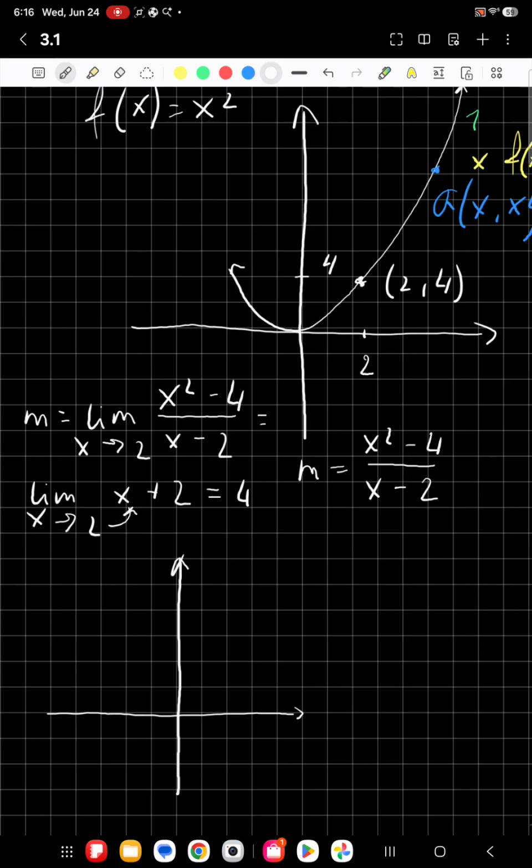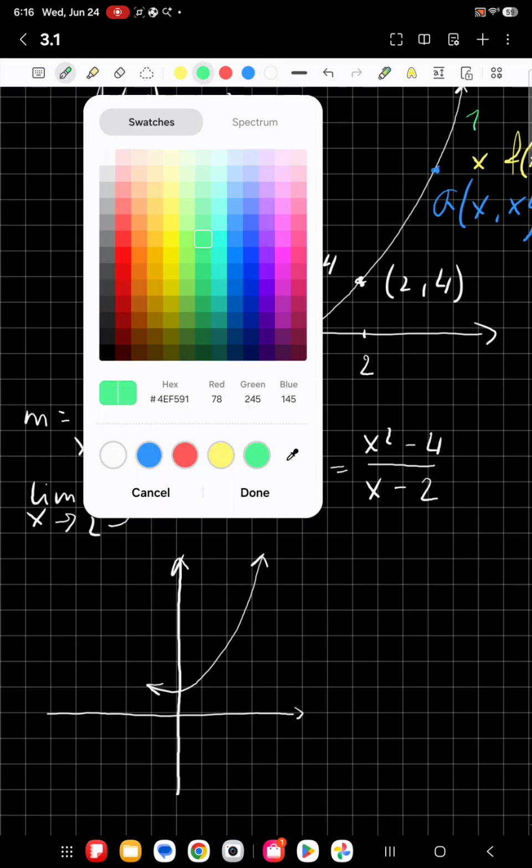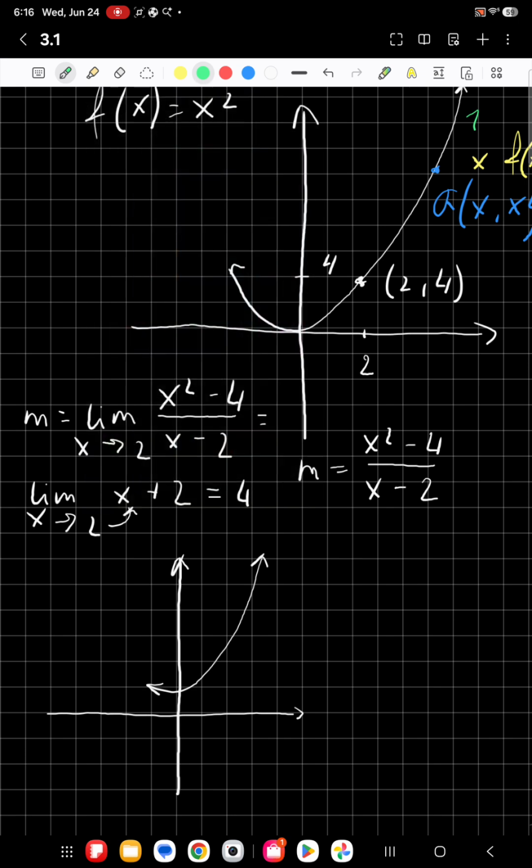Again, we have some abstract curve, it could also be a parabola. Let me take a different color. I'll have 2 points, same idea. This one with coordinates c and f of c.